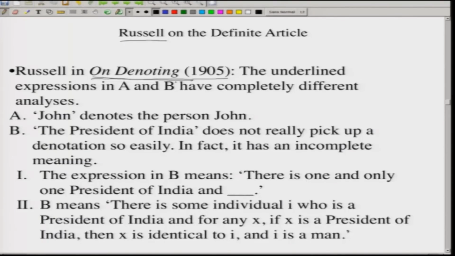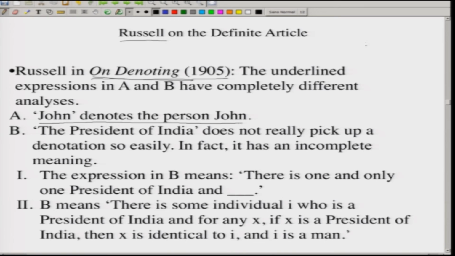Now, Russell would say that the two sentences, that is John is a man and the President of India is a man, would have completely different analysis. Because John denotes the person John.